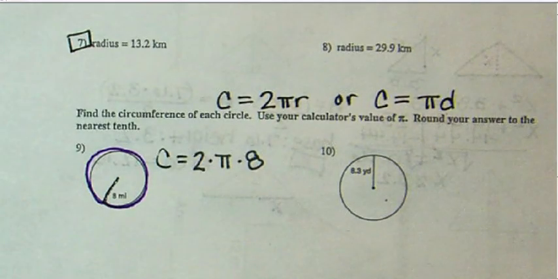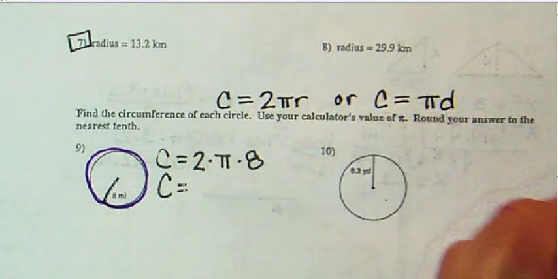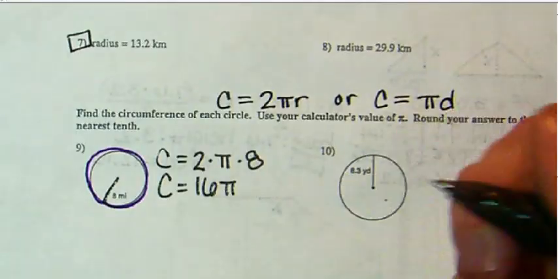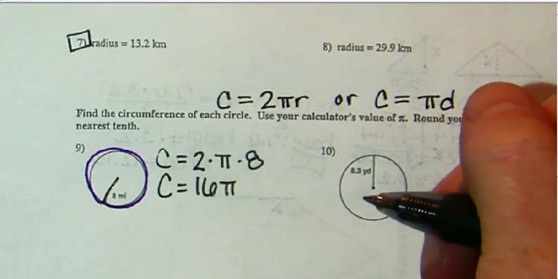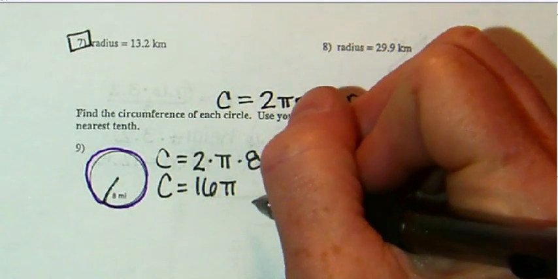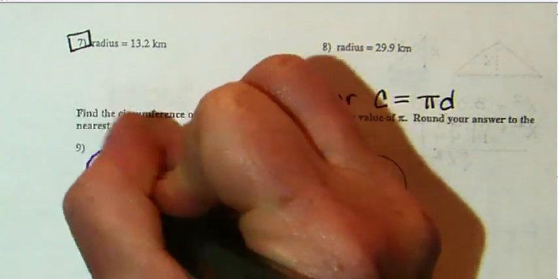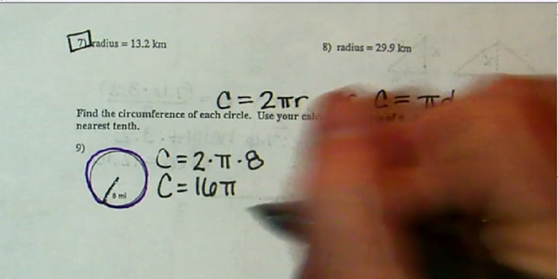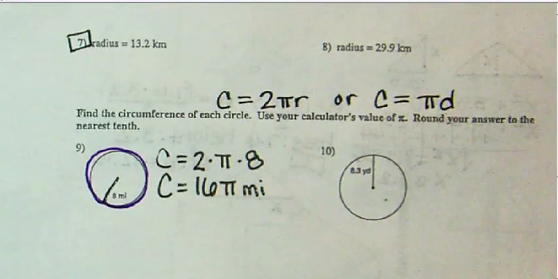Now, if you're asked to leave this answer in terms of pi, then you're just going to multiply your 2 and your 8 and leave the pi there. This would be 16 pi. That would be an exact answer, meaning that is the most accurate you can get. Circumference is not going to be squared because it's just asking for the distance around. You haven't multiplied miles to anything else. So your circumference would be 16 pi miles.